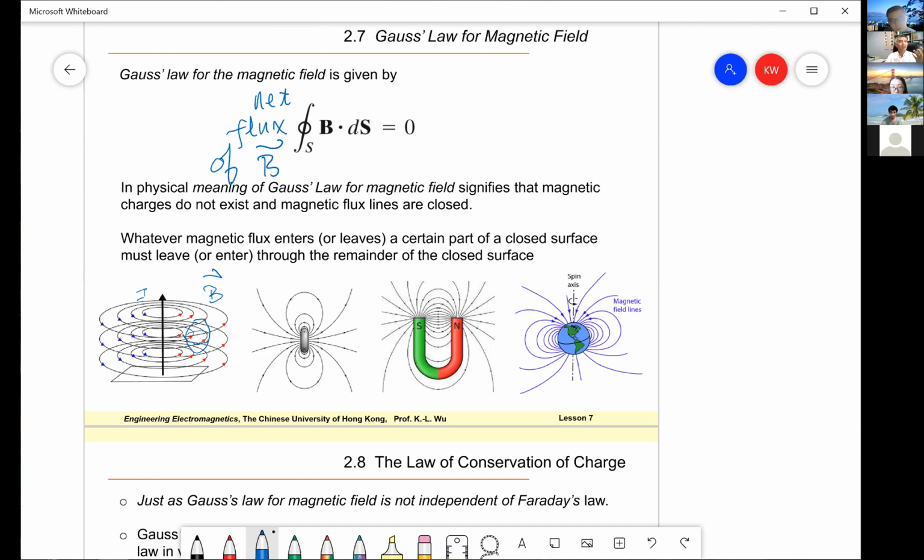So no matter how you generate magnetic field, even generated from the south to north pole of the globe of the Earth, the magnetic field line is always a closed line. Not like electrical field.